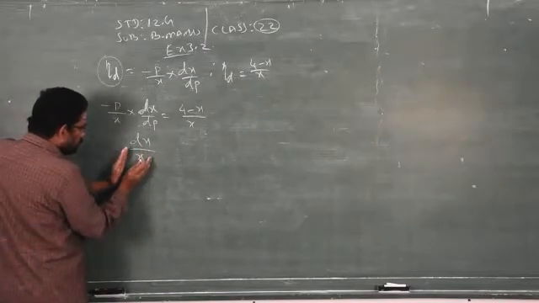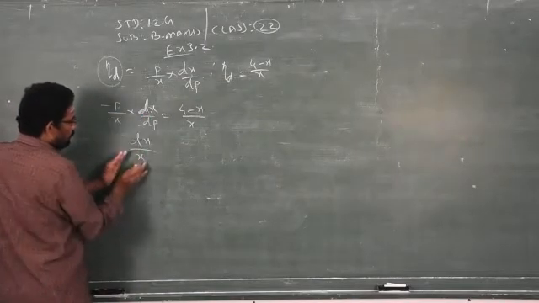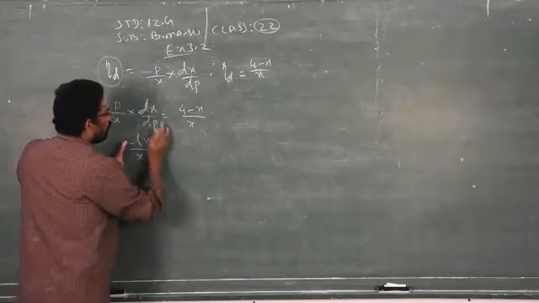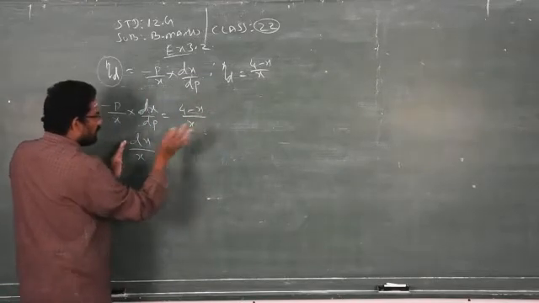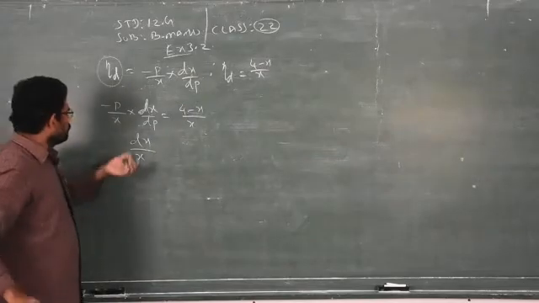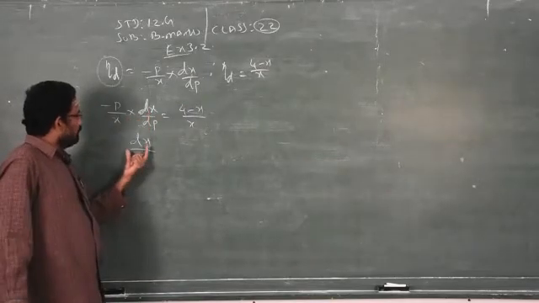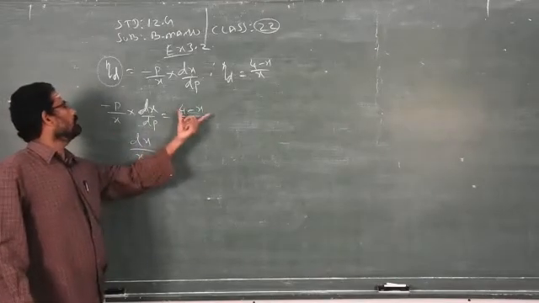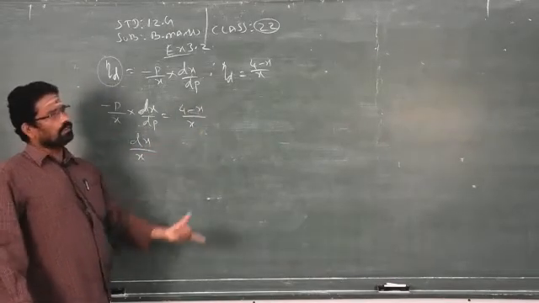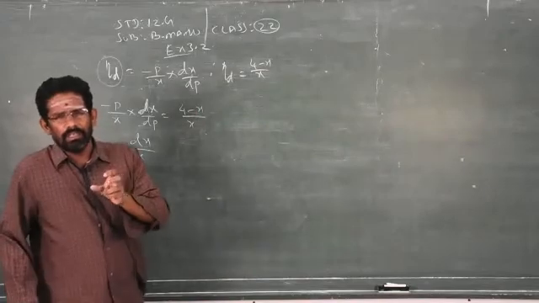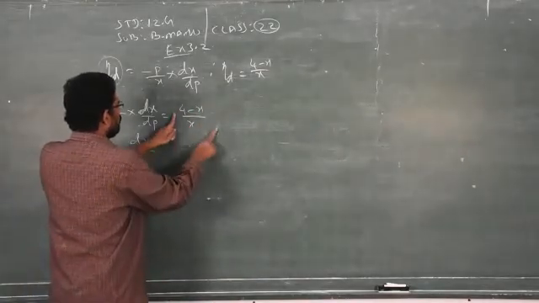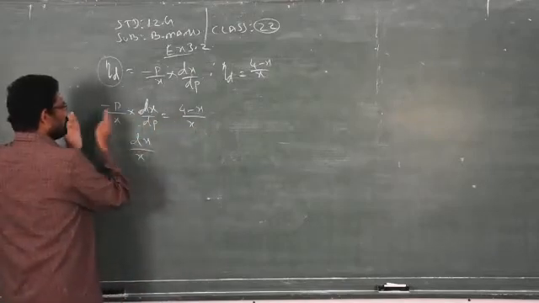Once you group that x variable on the left side, you have to see what terms or factors on the right side consist of the x variable. That's very important. Once you keep the x variable on the left side, immediately you have to look at the right side to see whether the right side terms consist of the variable x. Yes, all the terms on the right side are in terms of x. So transfer the x.